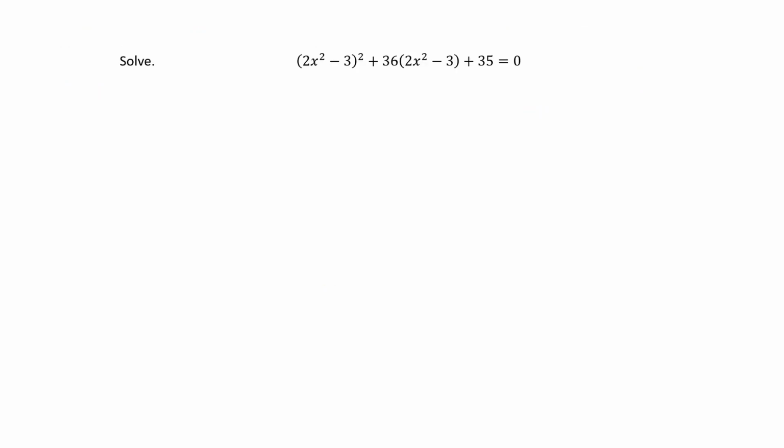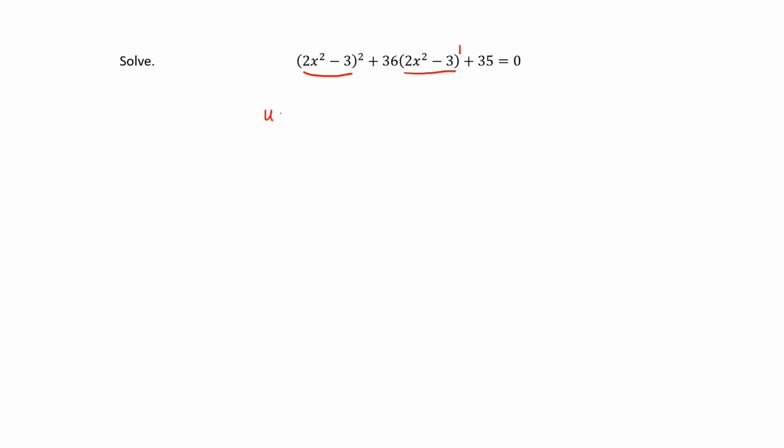Okay, so here you have another one that is clearly in the form of a quadratic. You have 2x squared minus 3, and that is squared. And then here you have 2x squared minus 3, and it's to the first power. And then you have a constant, 35. So this is in the form of a quadratic, and therefore we can write it as a quadratic if we substitute some letter for that 2x squared minus 3.